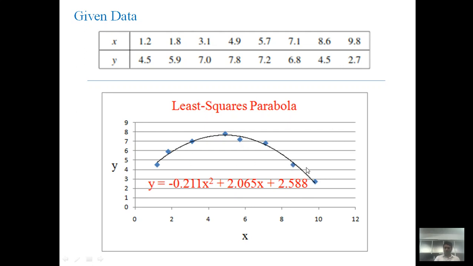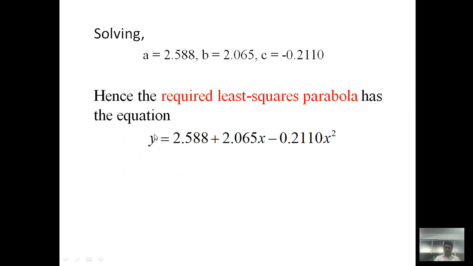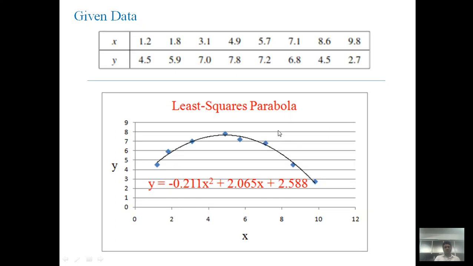But right now we have to obtain the least square parabola. So by using software, we plot this least square parabola, and you can see that this least square parabola is represented by this equation, that is negative 0.211x square plus 2.065x plus 2.588.